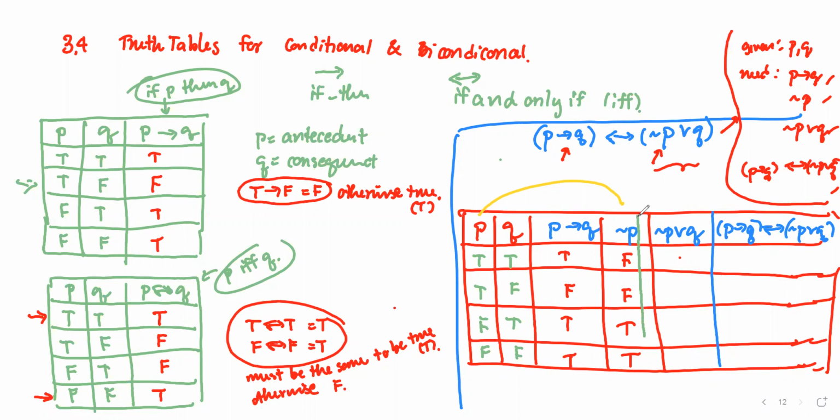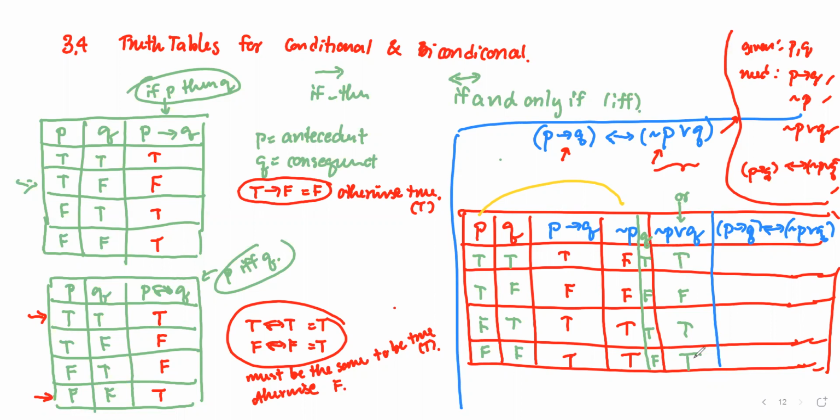Gonna make a small one here with the column for Q. And just copy what you see in the Q. So true, false, true, false. And we're gonna connect with the OR. With OR, both of them must be false to return false. Otherwise, it's gonna be true. So only the second row sees both false. Otherwise, true, true, true.